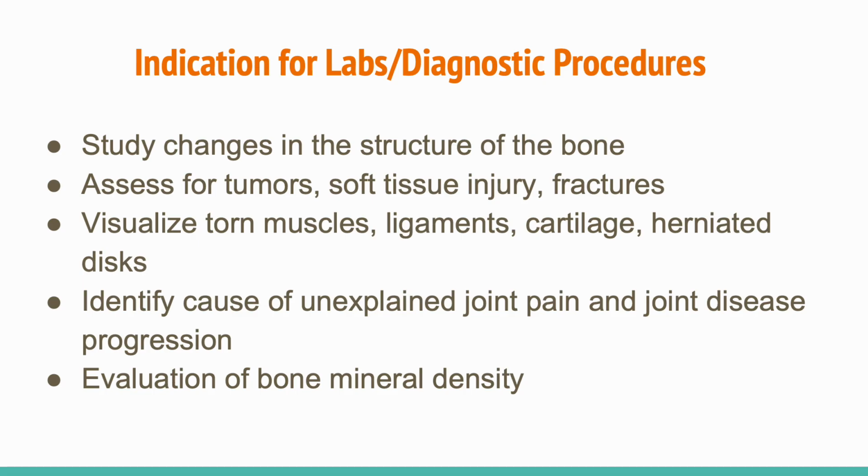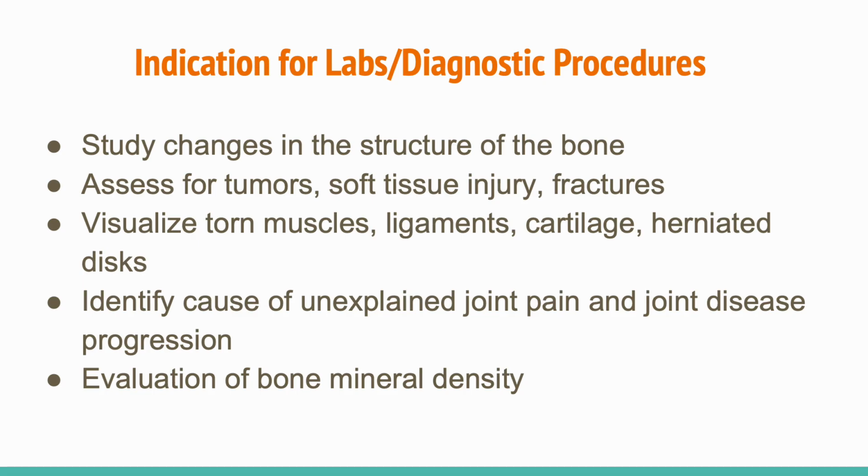Imaging studies, for example X-rays and CTs, evaluate fractures, tumors, arthritis, ligament injuries, tendon tears, cartilage damage, and herniated disc. Bone density studies help identify osteopenia or osteoporosis before fracture occurs, because they show how dense the bone is, so how strong it is.